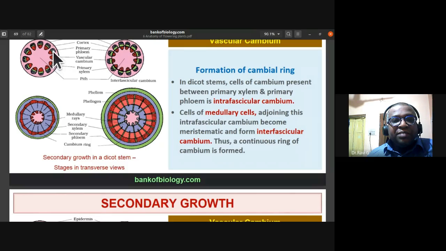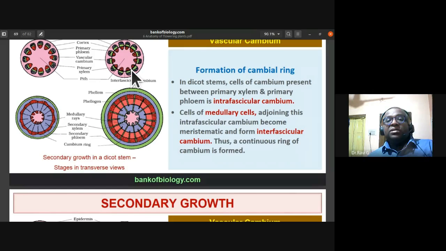Thus, intra- and interfascicular cambium throughout connect to form a continuous ring called the cambial ring.